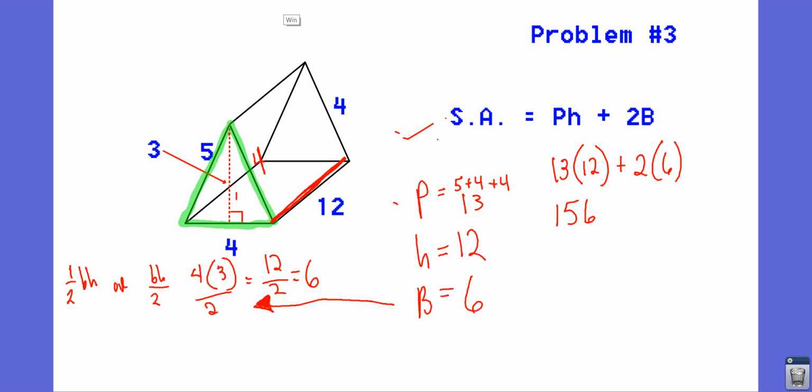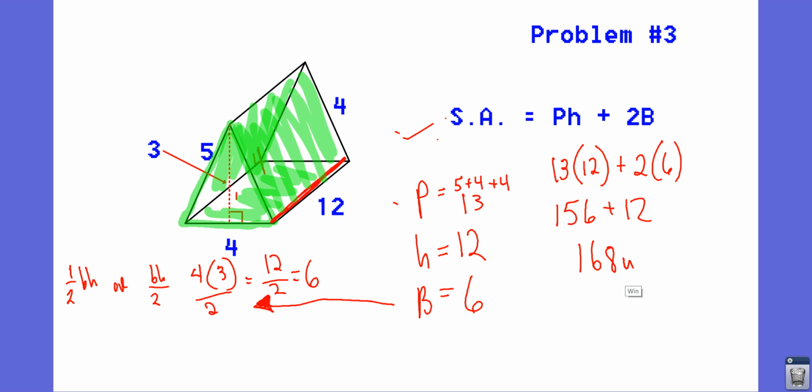Just go ahead and highlight those real quick, and then on the other side over there, and on the bottom. So there should be 3 of those since they're connecting all the sides. And then 2 times 6 is 12. So you should have 168 square units for your total surface area. So 156 was your lateral surface area, and this is your total surface area.